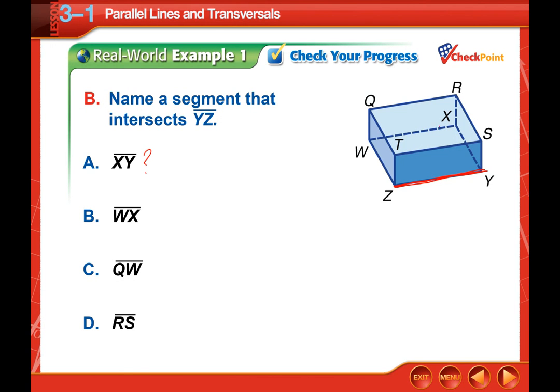WX, that appears to be parallel. QW, that I'd say that this one here is parallel. This one here is skew. It's never touching, never crossing, stays a distance apart, but it's not on the same plane. RS also is skew. So the only one that actually intersects is A.